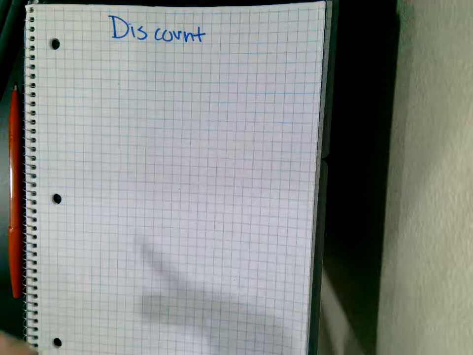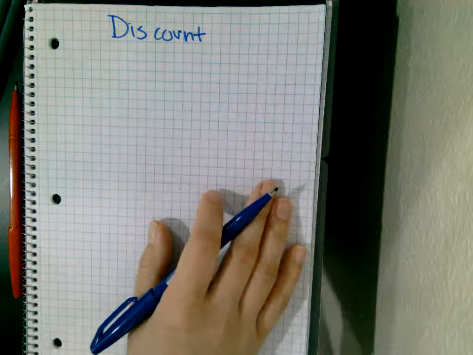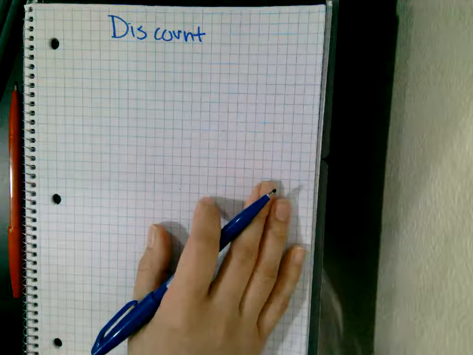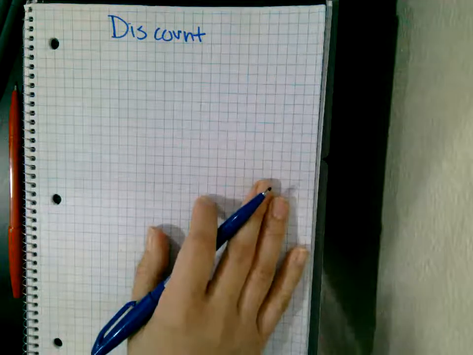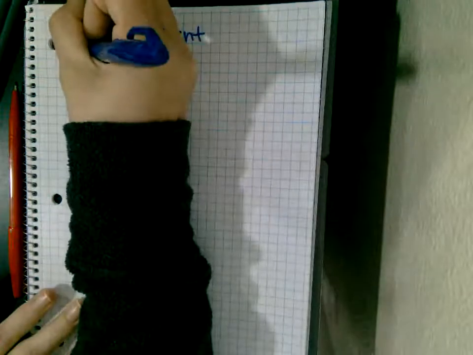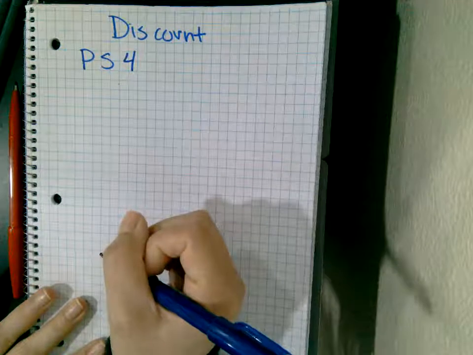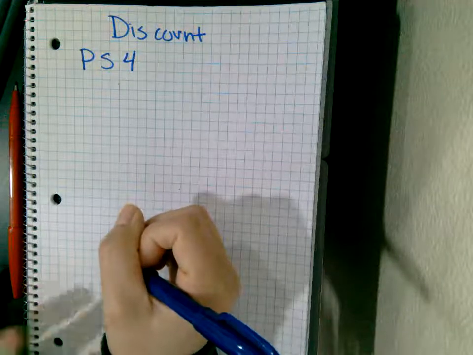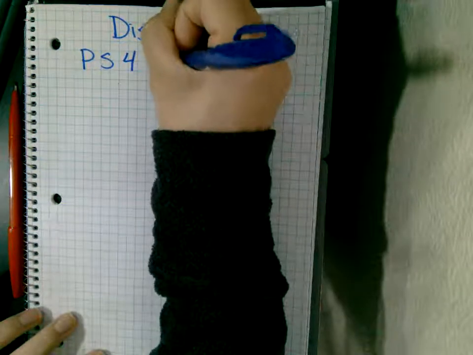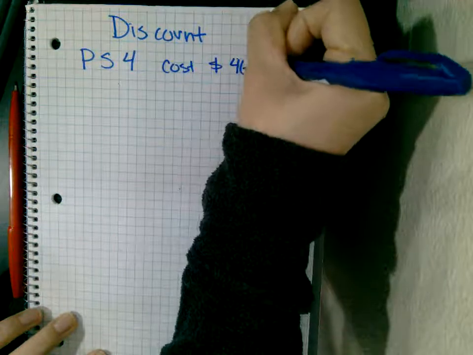I do. All right. So let's say I can't find the new PlayStation 5. I've tried everywhere. Can't find it. So what I'm going to do is I'm going to try to buy, write this down, the PlayStation 4. And I'm thinking that the PlayStation 4 costs about $460, right?